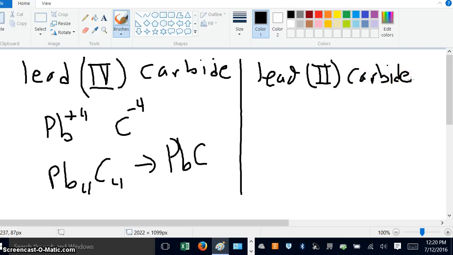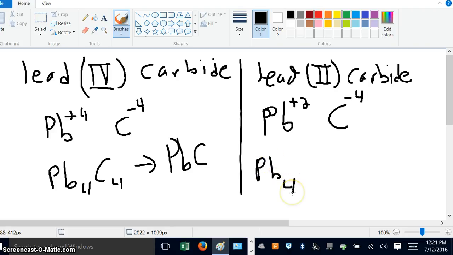So lead 2 would be Pb +2, and the carbon is of course always the same. It's always -4, so we do the crossover technique, and we get Pb4, because that comes from the charge of the carbon, and then C subscript 2.